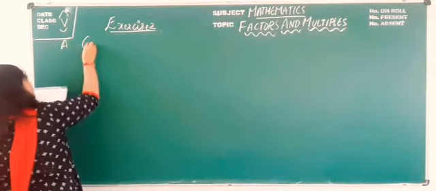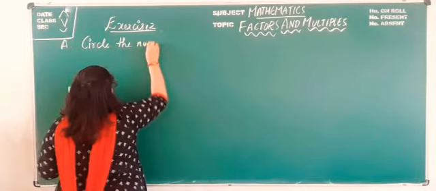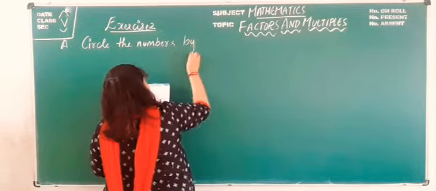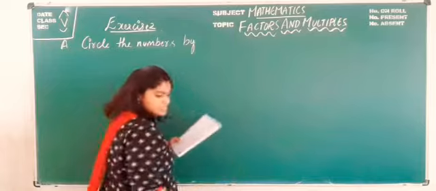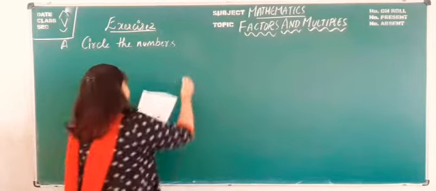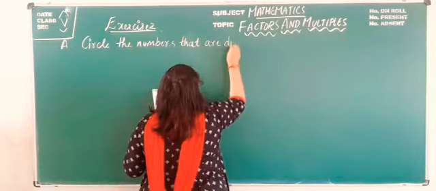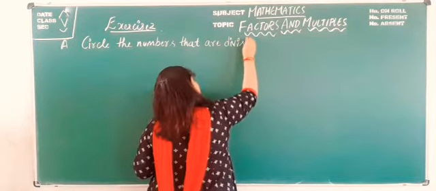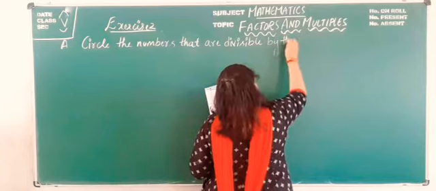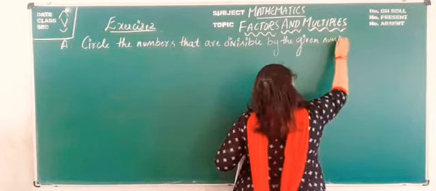A, circle the numbers that are divisible by the given number.